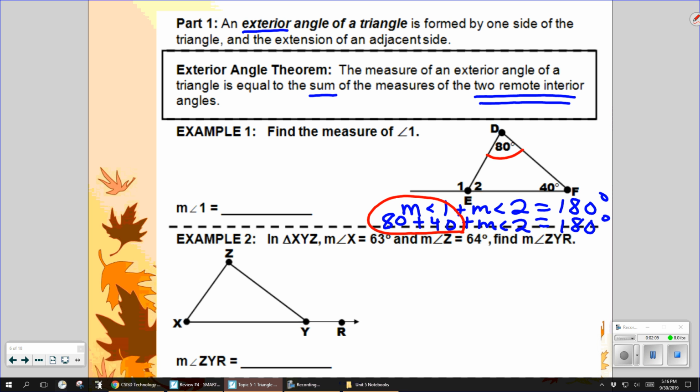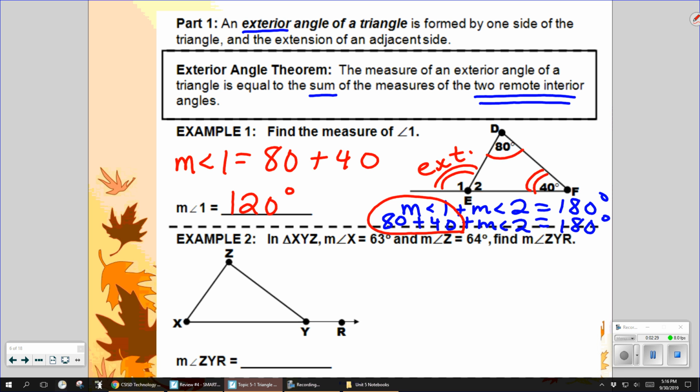So 80 and 40 are the two remote interior angles because they are not adjacent to angle 1, which is our exterior angle. So to find the measure of angle 1, the theorem is telling us that all we have to do is take 80 plus 40, and that gives us the measure of angle 1, 120 degrees.